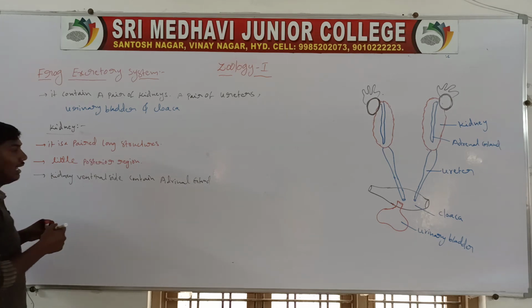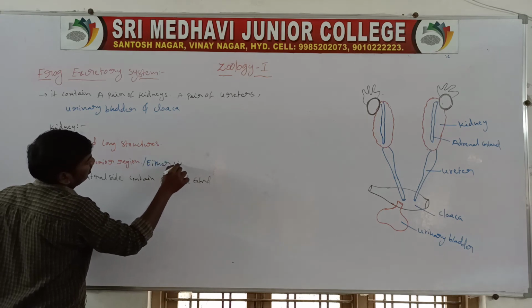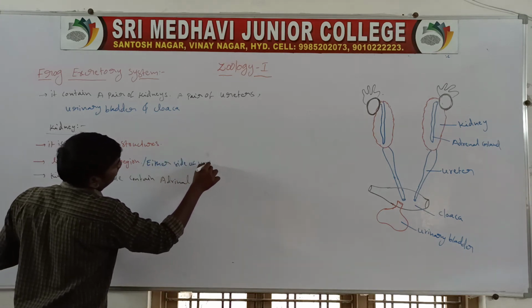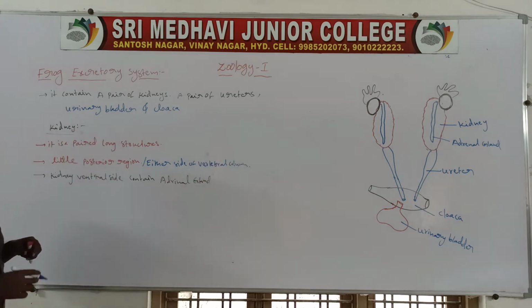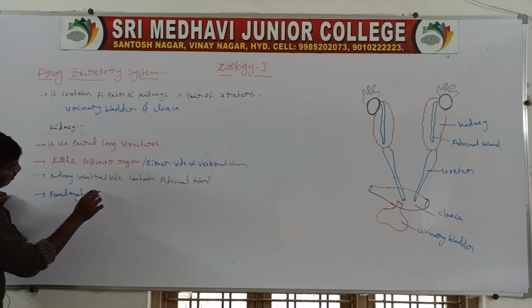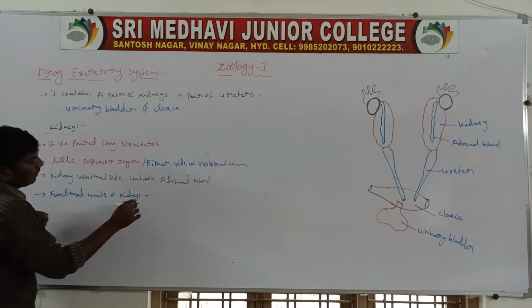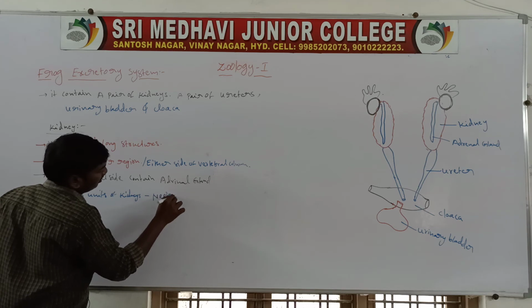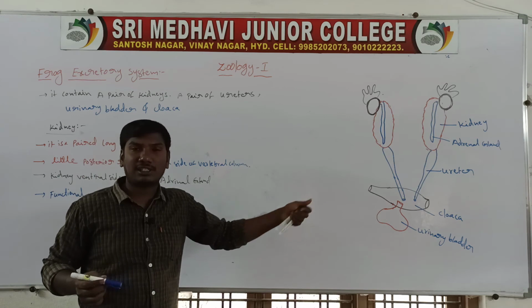The structural and functional units of the kidney are nephrons. Nephrons are the functional units of the kidneys.